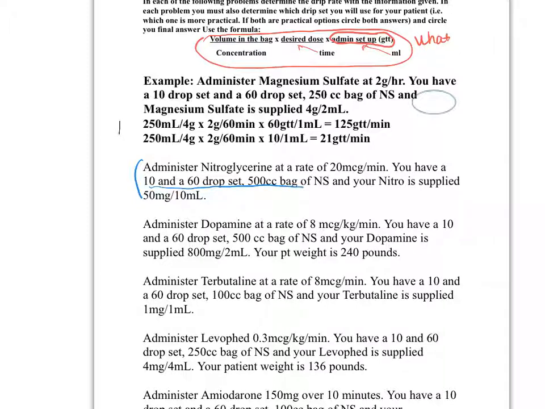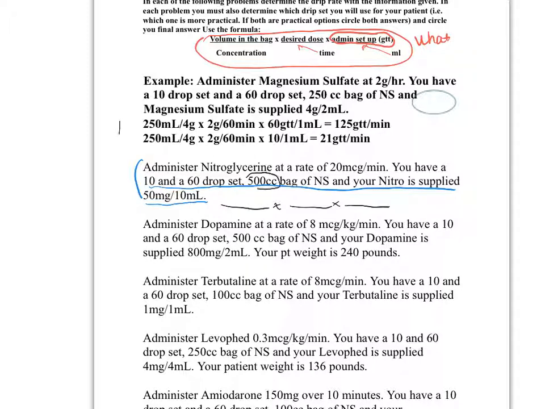Here is the what that I am going to put into my calculation. I actually like to start my math problems by just making a line and an X, a line and an X, and a line, because I know I have to put information in each of these categories. So first, my volume.